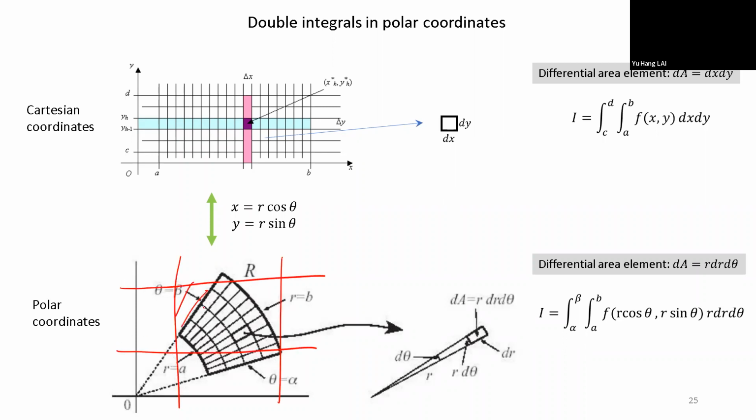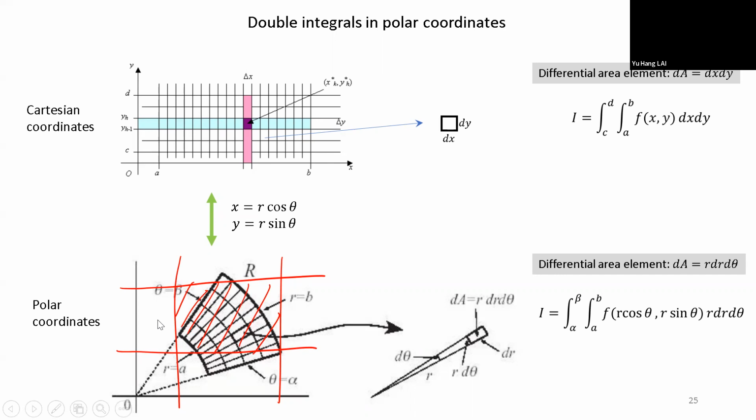I want to consider this region, but I want to do it in polar coordinates. In principle, you can, but now you have to express these four lines in polar coordinates first, because neither of these lines represents r equals a constant, nor theta equals a constant.